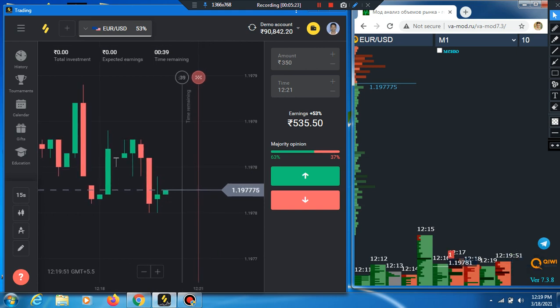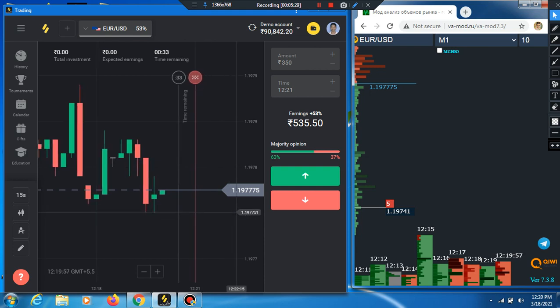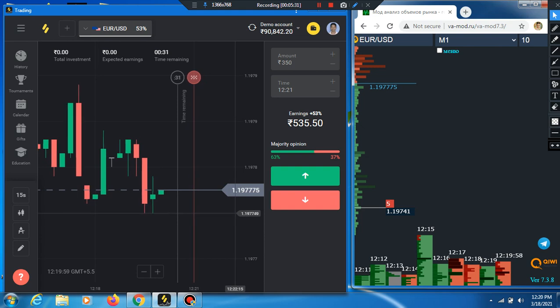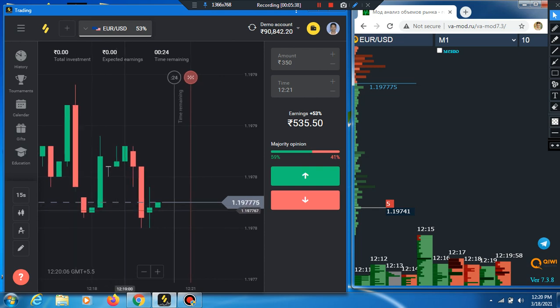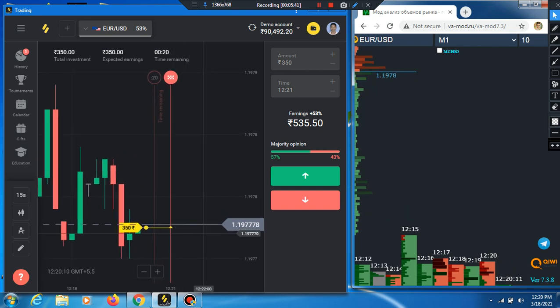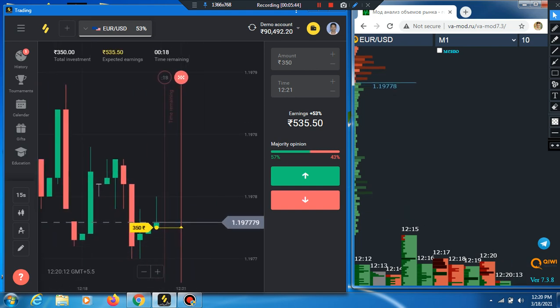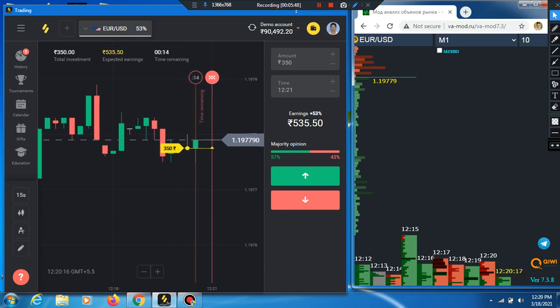Look here, there is also a round number, 50. Where the low volumes formed, look here, they are rejecting, and I will go up from this level. Why am I going up?